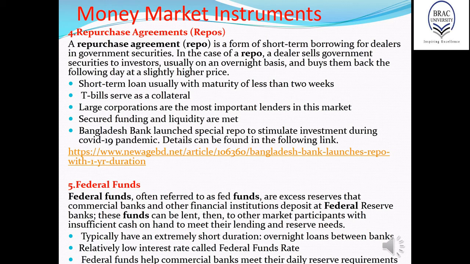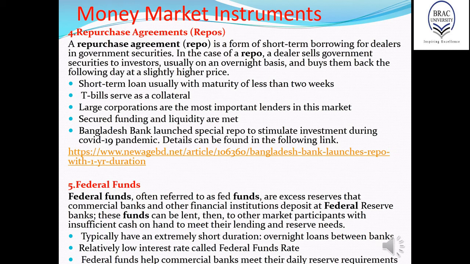Apart from holding these required reserves, the banks occasionally hold excess reserves so that they can safeguard themselves from an upcoming financial crisis even. And if the banks are holding a lot of excess reserves, one way they can use this excess reserve is by lending it to some other private banks on an overnight basis.